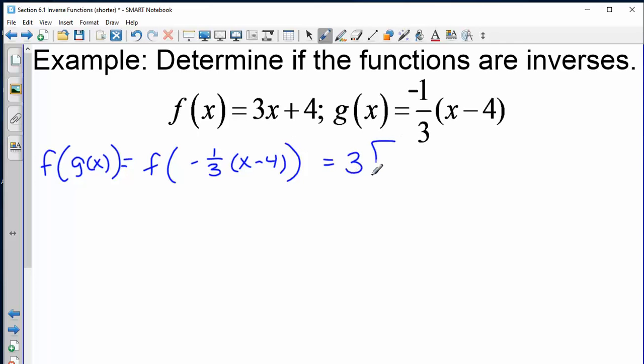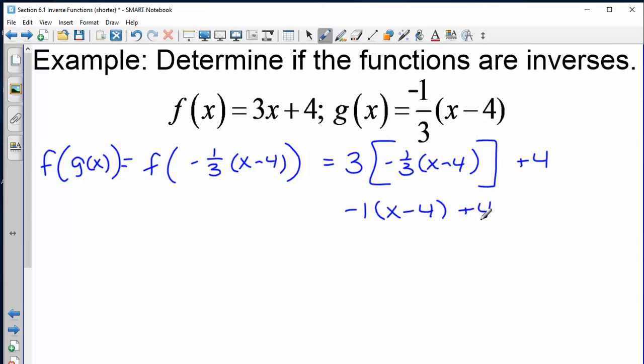So you have 3 times the negative 1/3 x minus 4 with a plus 4. 3 times negative 1/3 would be negative 1. If I distribute that, I get negative x plus 4 plus 4. So negative x plus 8.